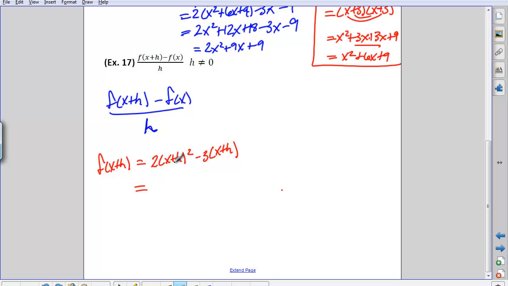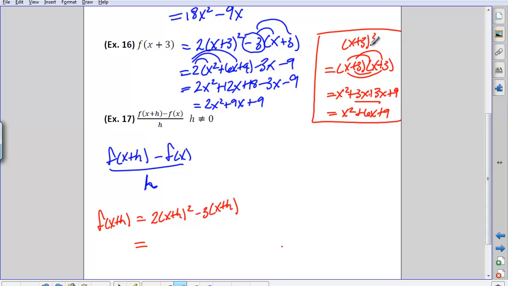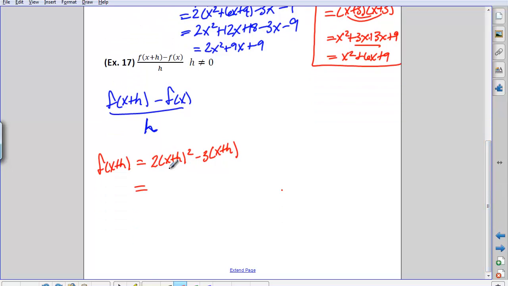Okay, so working that out, again, just like we did up here earlier with the x plus 3 squared, you can FOIL x plus h. You're going to get an x squared plus 2xh plus h squared. Okay, you can just trust me on that.